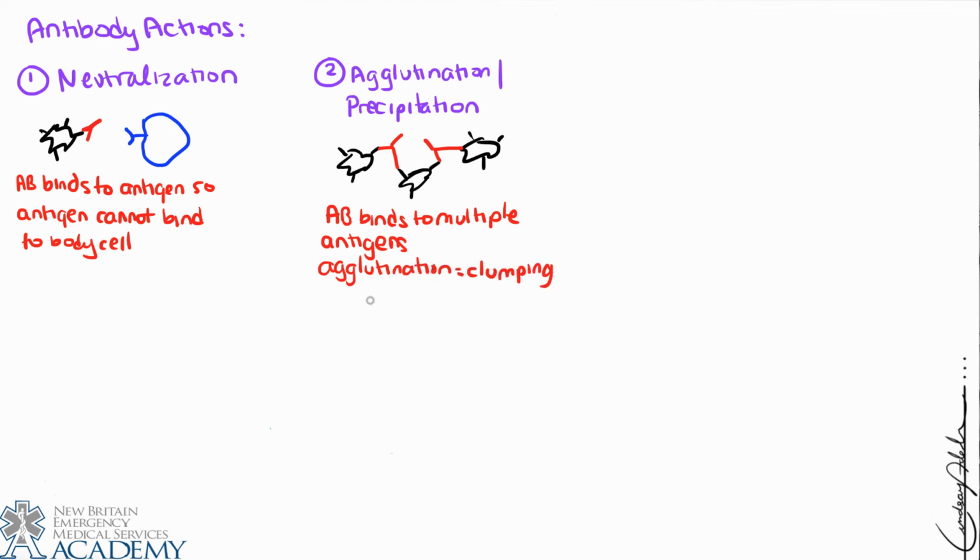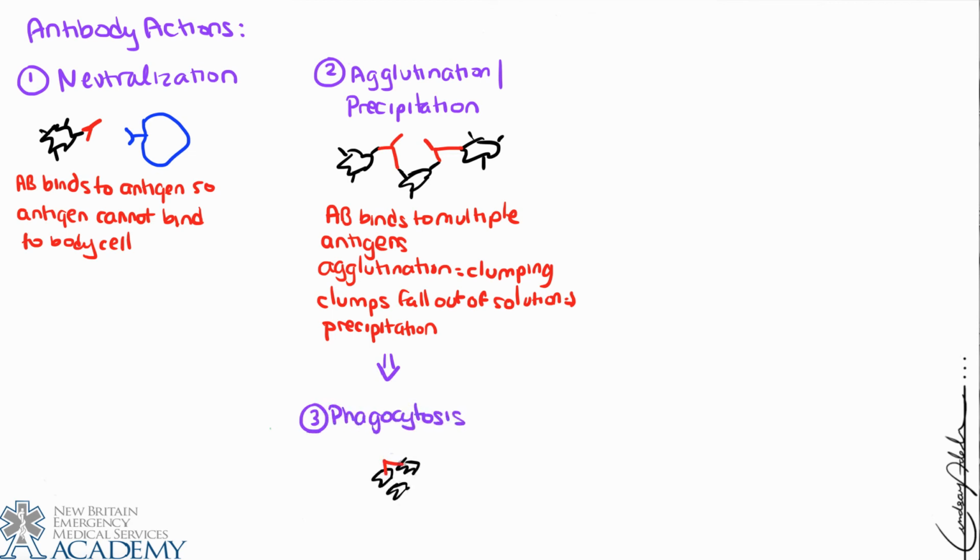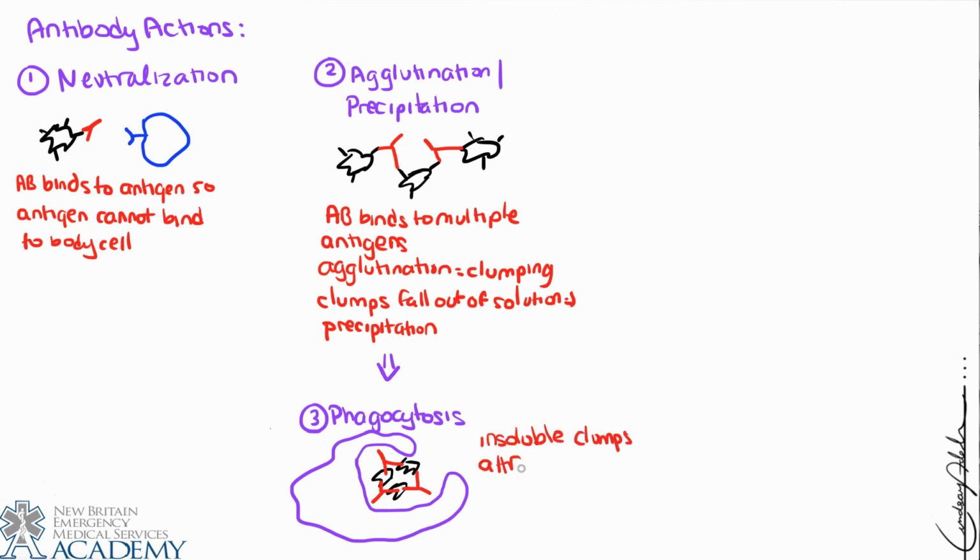The clumps get so big that they fall out of solution, and as they fall out of solution, we classify that as precipitation. The subsequent response, number 3, is phagocytosis: these insoluble clumps attract phagocytes, and it's easier for the phagocytes to recognize and consume them when they're not soluble in solution, which is what we want to get rid of.